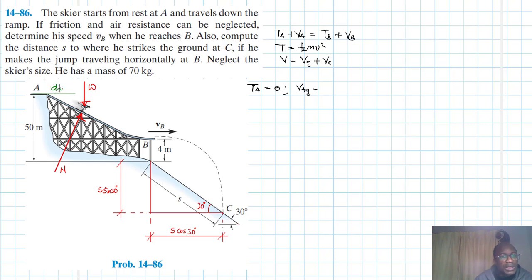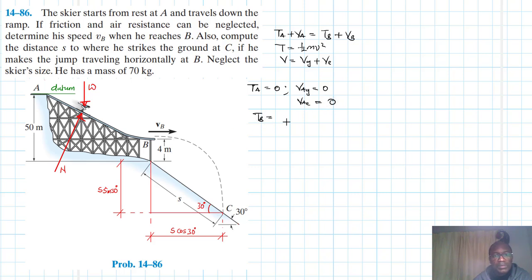So this is my datum. If that is my datum, therefore my VAG, gravitational potential energy at A, is just 0, and my elastic in this case also is 0.